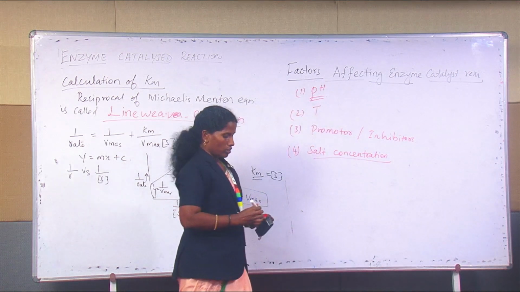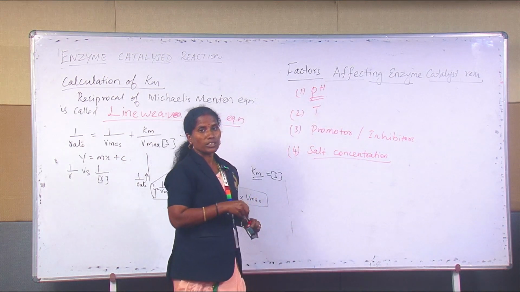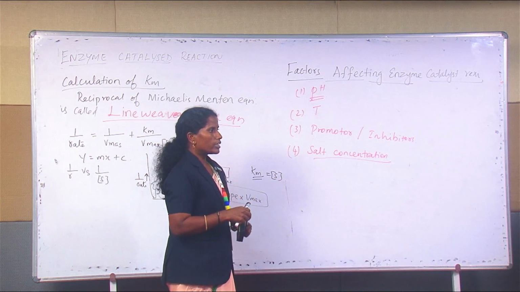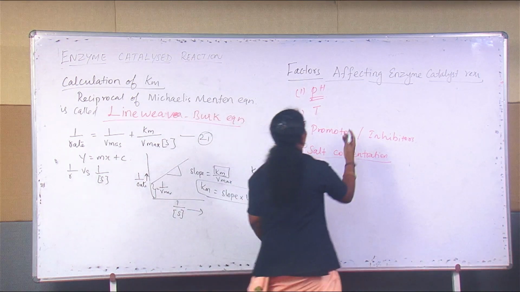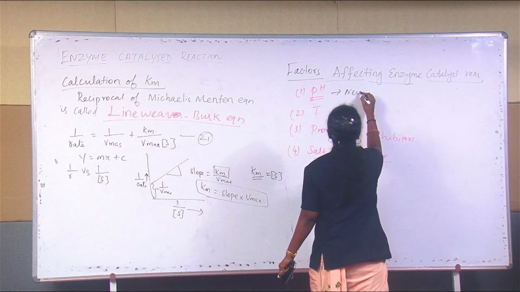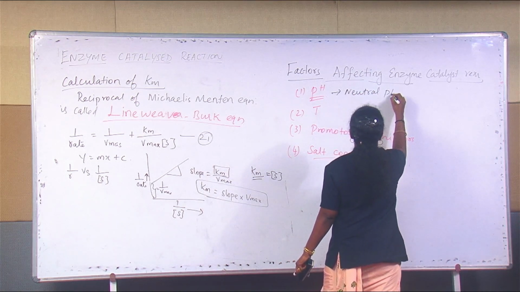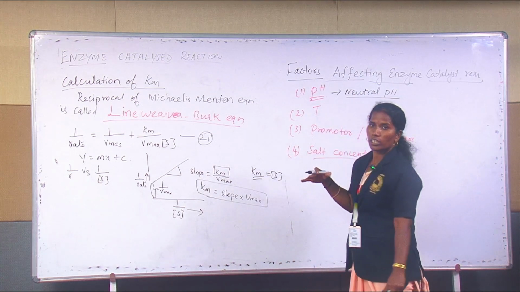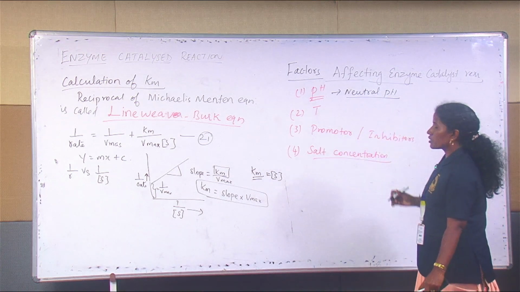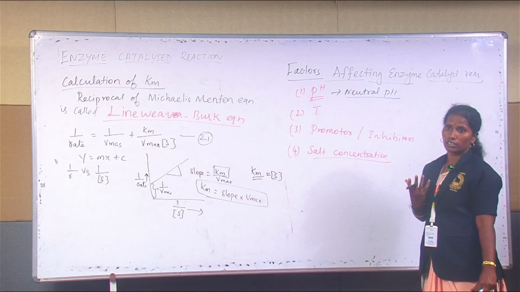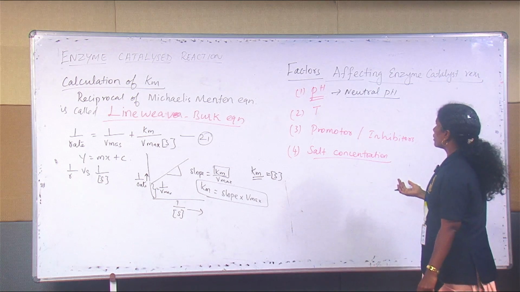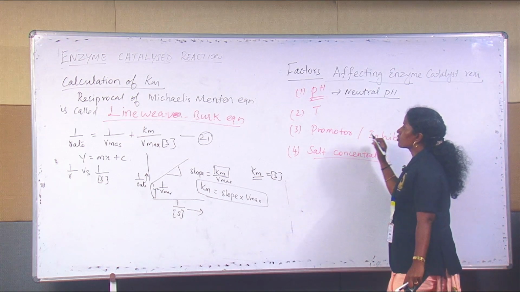The rate of enzyme catalyst reactions depends on the pH. All the enzymes are active at a neutral pH. If it deviates to the lower or higher side, the enzymes are denatured and the catalytic activity decreases.